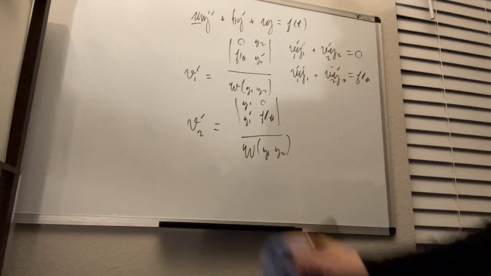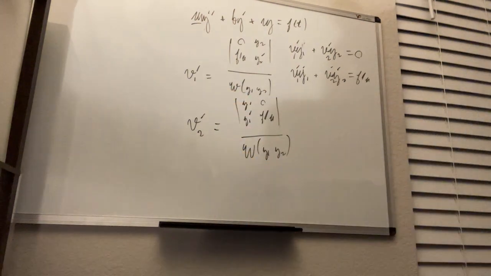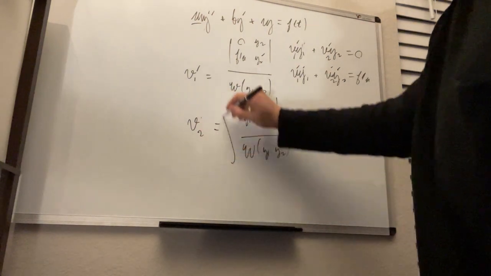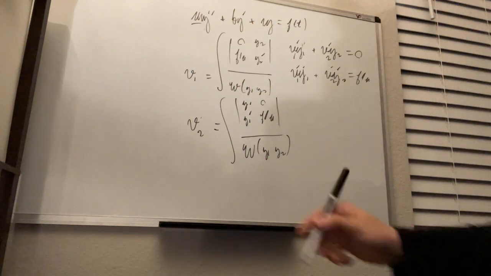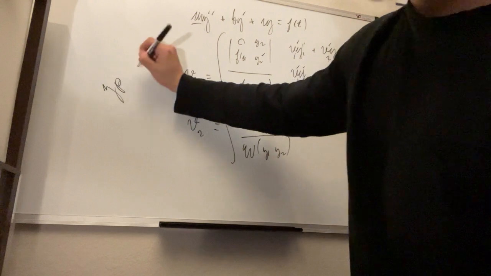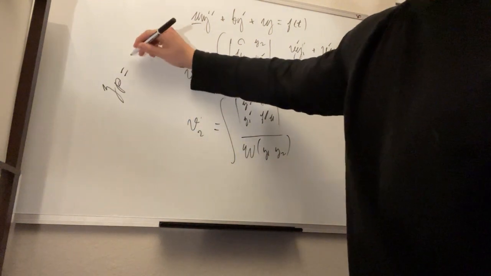Remember that this is still prime, so in order to get rid of the prime, we have to integrate this entire thing in order to get the particular solution of the equation.